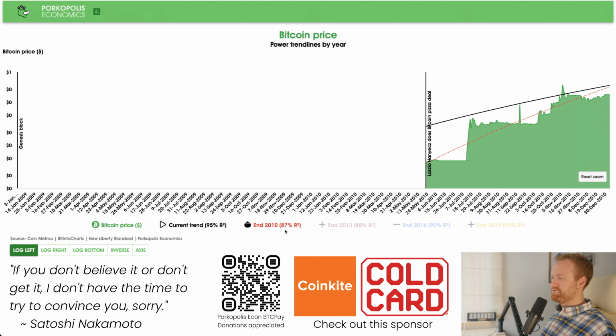And you see here 87% R squared. You see it in the tooltip as well, 87% R squared. That means at the time, and only through December 31st, 2010, the R squared, that is the goodness of fit, was 87%. Pretty good R squared for Bitcoin at the time. It's possible that the logarithmic trend line gave a better R squared at the time.